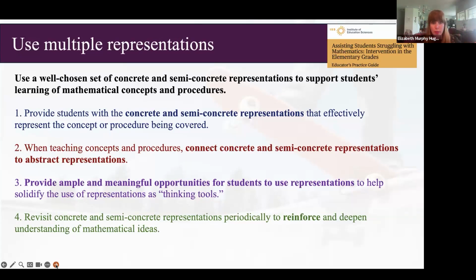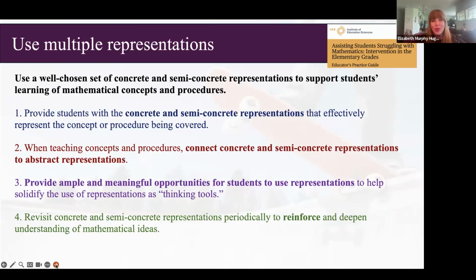Or virtual manipulatives, which are the ones online, which are some of the ones that I'll be sharing. We also have the semi-concrete, which are more of those visual representations, things that the students are drawing to support understanding.